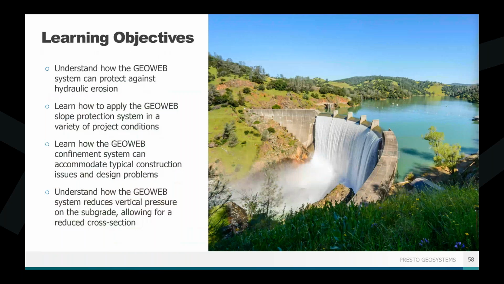All right, so that's my show today. So in summary, the GEOWEB slope protection and load support systems can help protect your structures from erosion due to water flow, extreme events, vehicle loading, all that good stuff, reducing your lifetime maintenance and repairs. The variety of infill materials and different installation applications make the GEOWEB system a good fit for a lot of different project conditions and can help solve and mitigate typical construction issues.